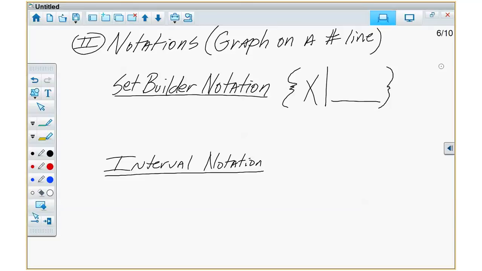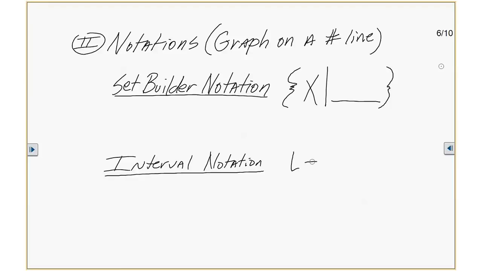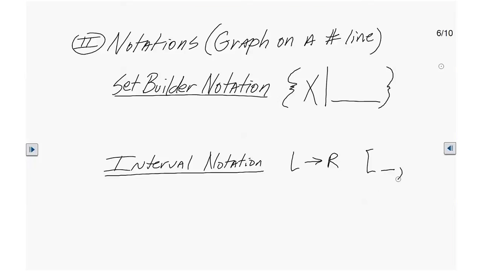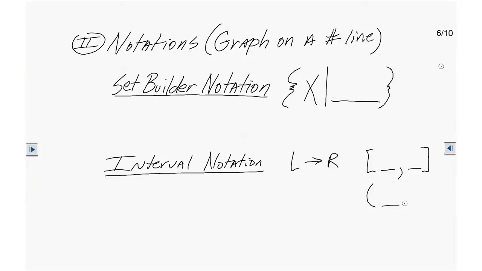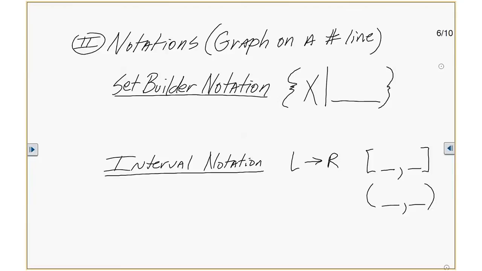Interval notation, you're going to read from left to right. You're going to read the number line left to right, and then you're going to put it in that. It's either going to be brackets, blank, comma, blank, brackets, or parentheses, blank, comma, blank. Or it can be parentheses, comma, bracket.